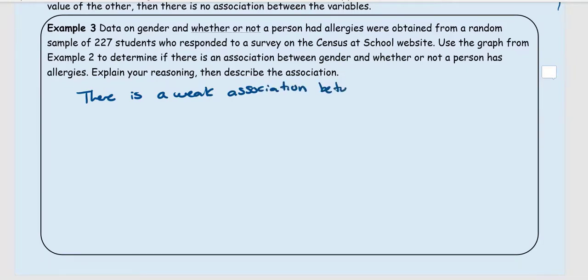There is a weak association between gender and having allergies.